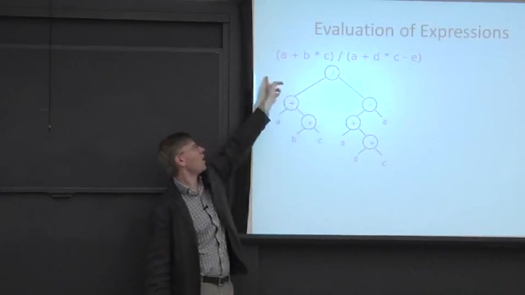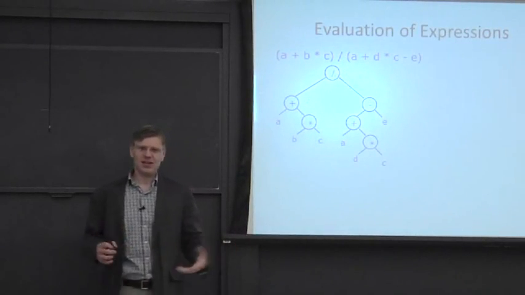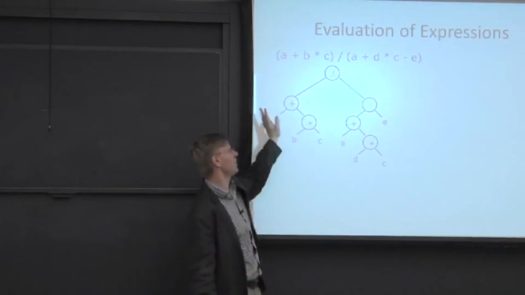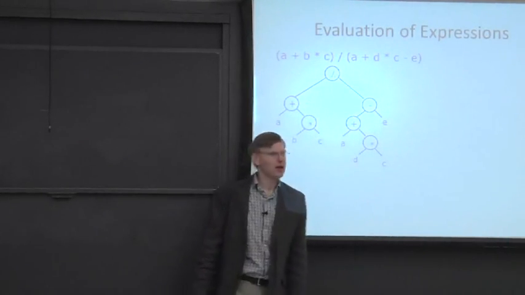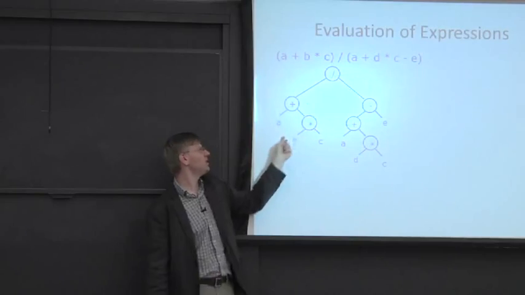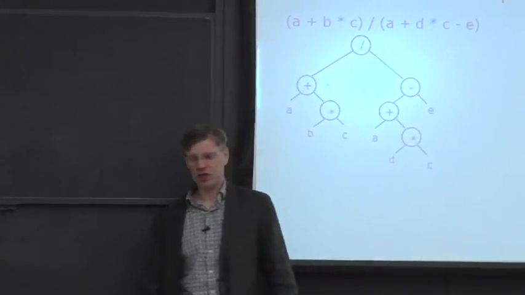Here we break this down into a parse tree, and you can see this is preserving order of operations. We have a plus this subquantity of b times c, and you take all of this and divide it by this sub-expression here.